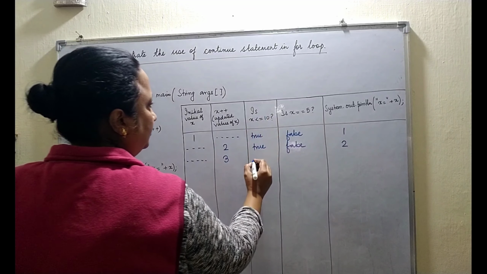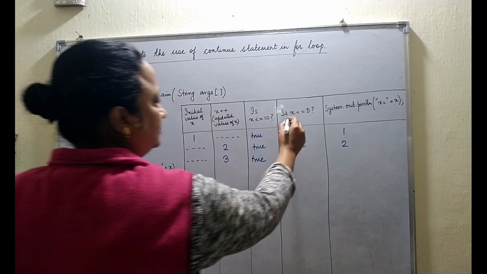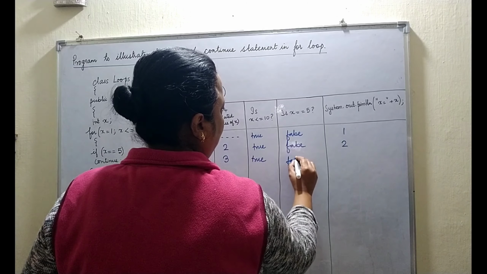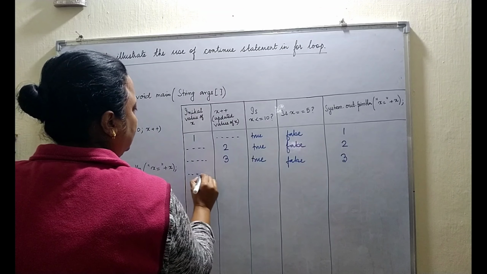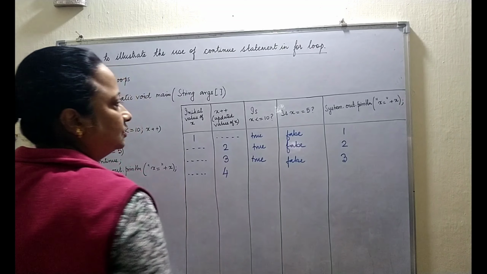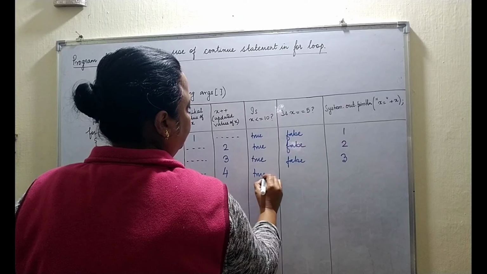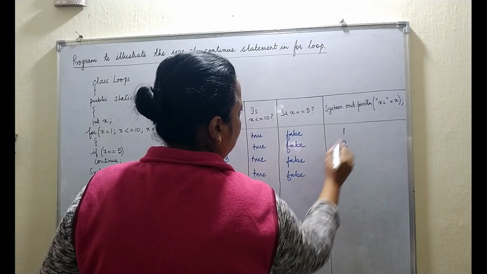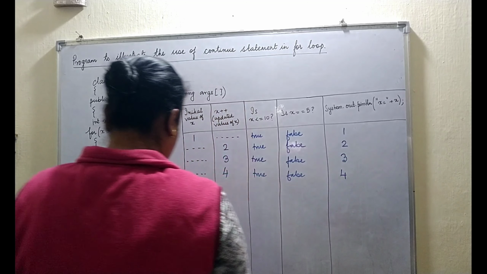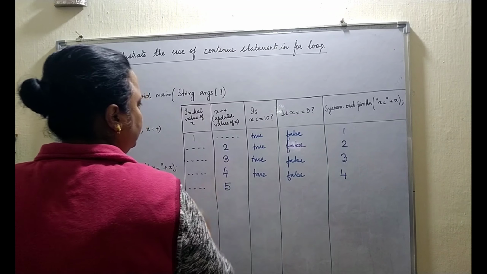Is 3 less than or equal to 10? True. Is 3 equal to 5? False. So 3 is printed. Next, the updated value of x is 4. Is 4 less than or equal to 10? True. Is 4 equal to 5? No, false. So 4 will be printed.